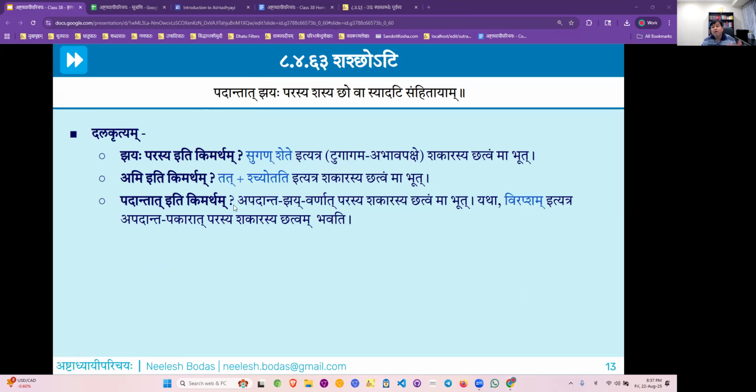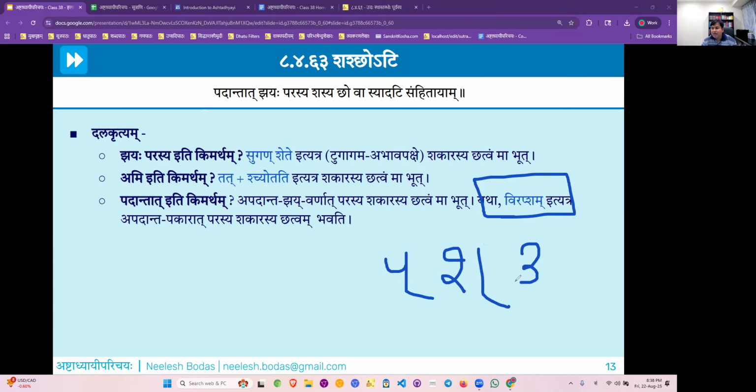पदान्तात् इति किमर्थम् उक्तम्? अपदान्त झयवर्णः अस्ति चेत् तत्र छत्वं न भवति। यथा विरप्शम् इति कश्चन शब्दः अस्ति। Now don't ask me the meaning, I did not look it up and I don't know. विरप्शम् इति कश्चन क्रिप्टिक् वियर्ड शब्दः अस्ति। अस्मिन् शब्दे किमस्ति? पकारः अस्ति। पकारादनन्तरं शकारः अस्ति। शकारादनन्तरम् अकारः अस्ति। So you have a jhay letter, you have shakara, and then you have an at letter or ama letter, whatever, but still shakara is not getting converted to chakara because this pa is not at the end of the pada.